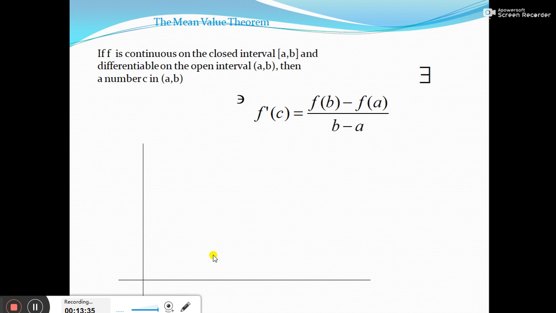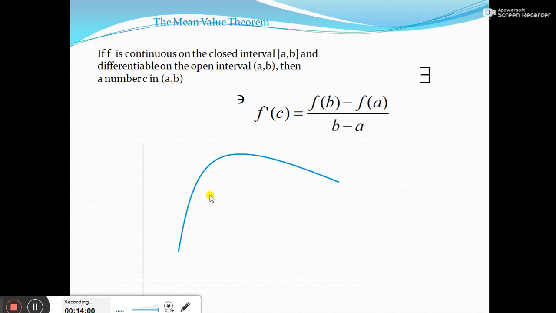And now we have to remember this: if f is continuous on the closed interval [a, b] and differentiable on the open interval (a, b), then there exists, this is the symbol for there exists, a number c in the open interval (a, b) such that f'(c) is equal to (f(b) minus f(a)) upon (b minus a).